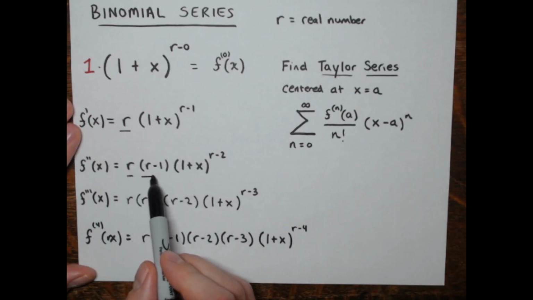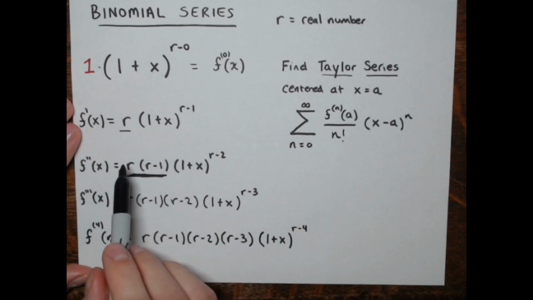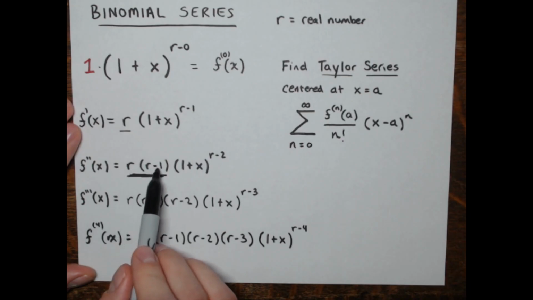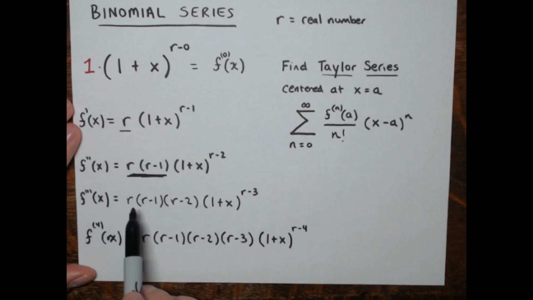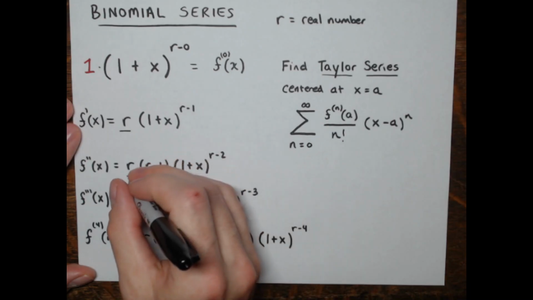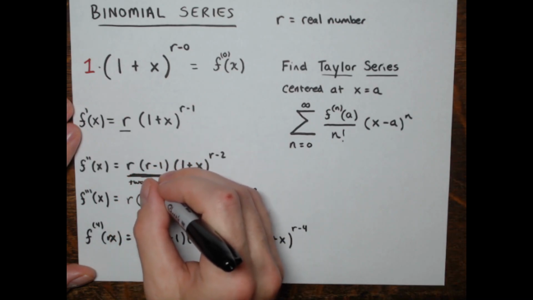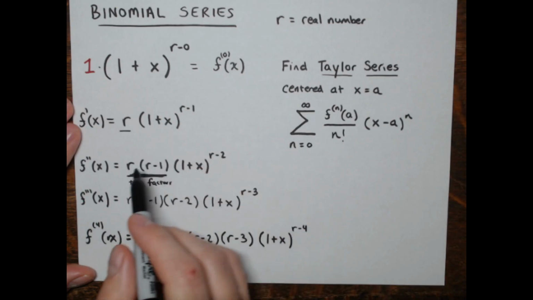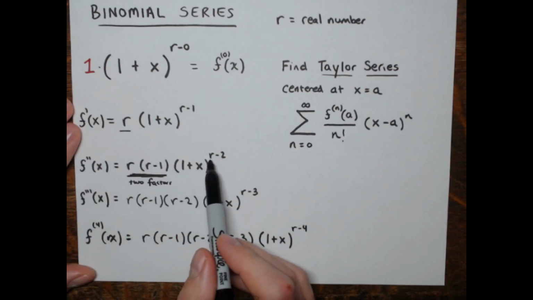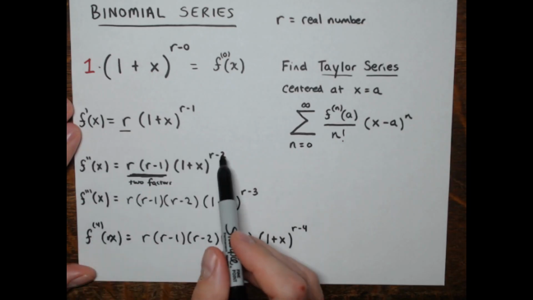Then the second derivative has these two factors involving r, and it starts with r, and then they just decrease by 1, and you'll see that they keep decreasing by 1 each time. But I've got two factors involving r in this second derivative in front of the power of 1 plus x, and then the power on 1 plus x is r minus 2.